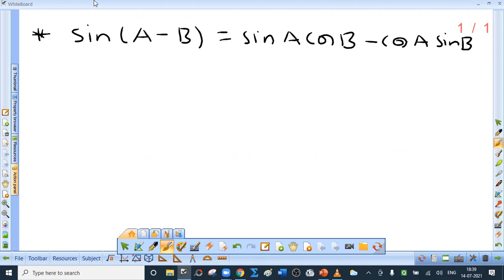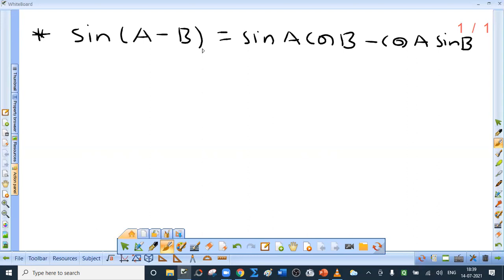So I expect you to remember this as sine of first minus second, sine first cos second minus cos first sine second. Whatever may be the first and second. If I ask you what is sine me minus you, provided me and you are real, you should say sine me cos you minus cos me sine you, as simple as that.